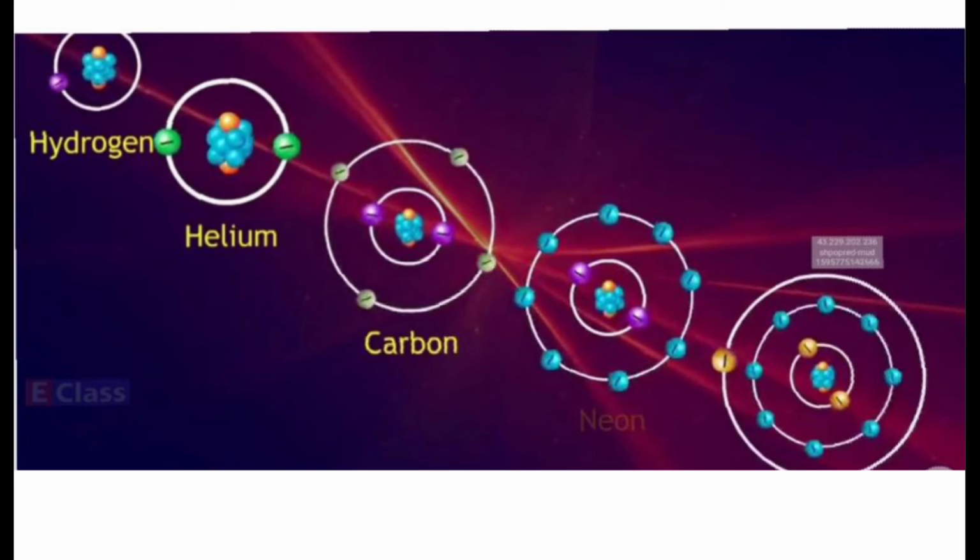Now observe all these diagrams carefully. The center part which is shown in blue, this is the nucleus. See, the nucleus is marked by me. So this is the nucleus, right?